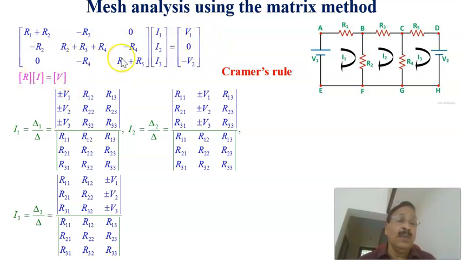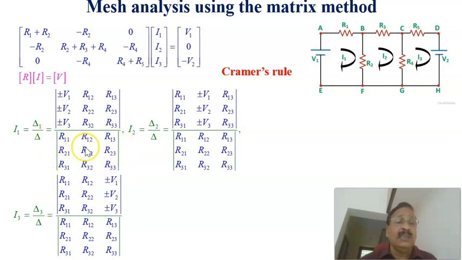In this form, we can solve for the currents I1, I2, I3 using Cramer's rule. As we have seen, to find the current I1, it is equal to delta 1, or determinant 1, divided by the total determinant. We find the determinant of R11, R12, R13, R21, R22, R23, R31, R32, and R33.